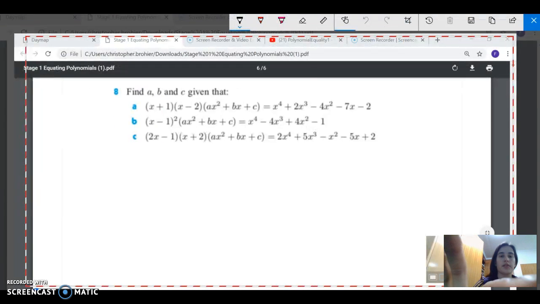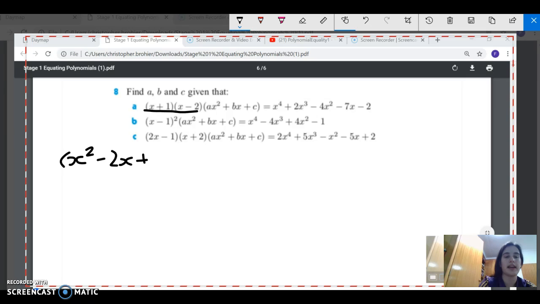Okay, so we could first have to expand. We'd expand this bit out. So we'd go x squared, first outers, take 2x plus x, take 4, take 2, outside of ax squared plus bx plus c.